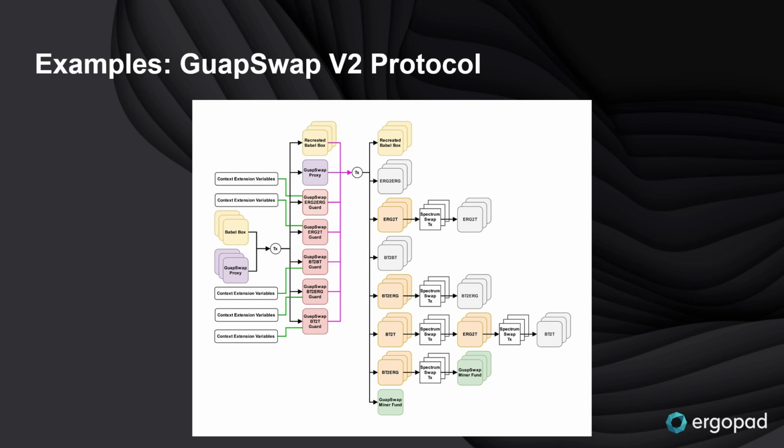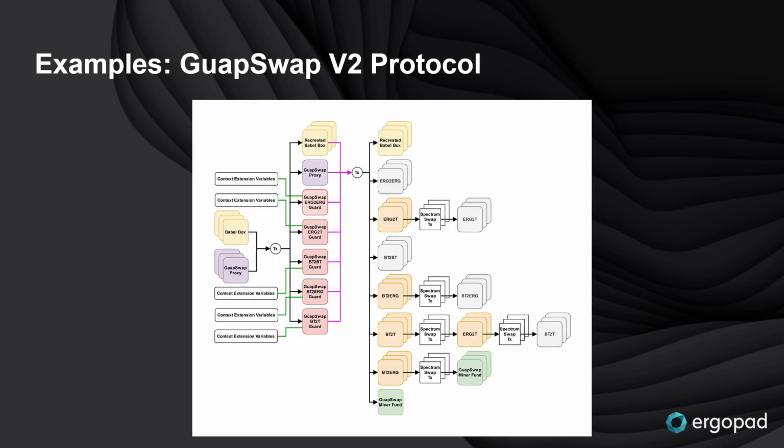So the guard boxes, instead of having all of those in one guard box, we split it up into multiple ones, and each one does a specific task. This reduces the contract complexity. We use something called Babel fees. We use context extension variables, special boxes, and then those interact with off-chain bots from Spectrum. So there's a lot going on.